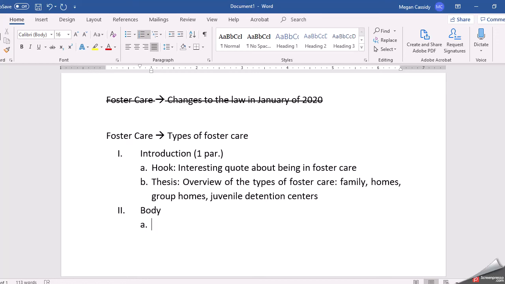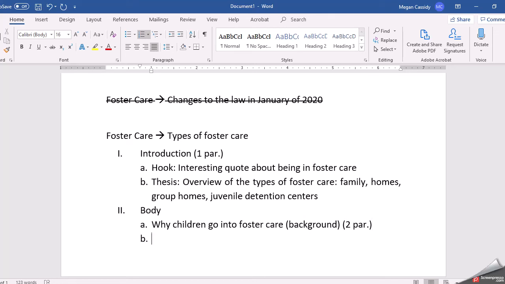Other times people think of the letters as sections. For me, I'm going to use sections here. So I'm going to say first, I'm going to talk about why children go into foster care, just to have some background before I get into my types. And that I'm going to say is going to be 2 paragraphs.